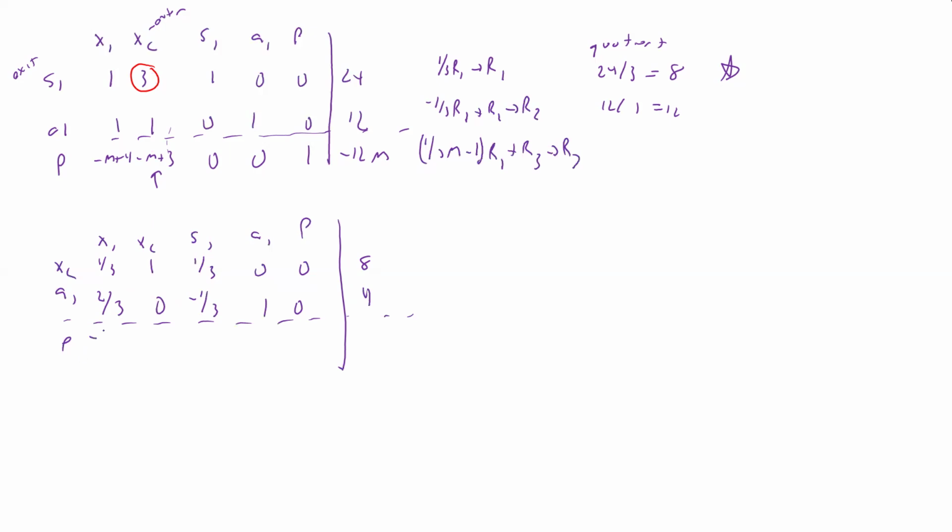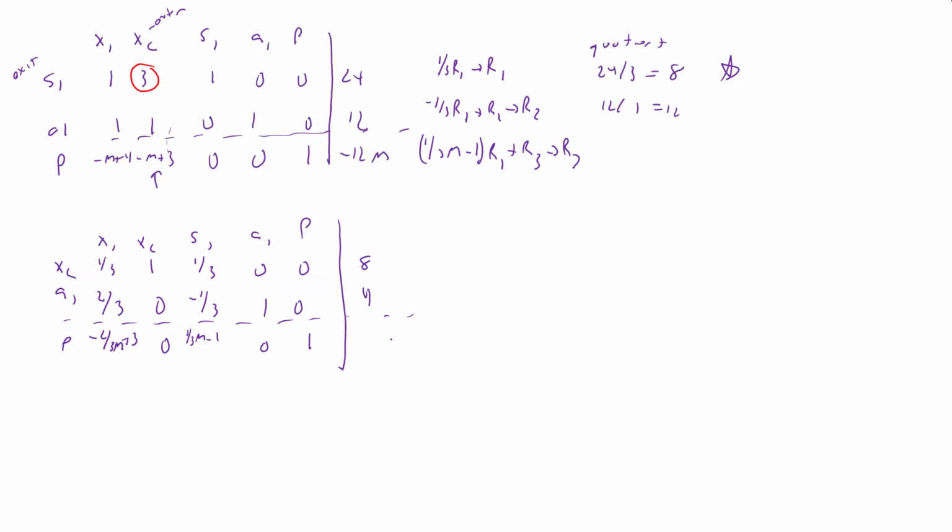Okay. And when we add that, so that's going to be a third of that minus that. So it's going to be a minus 2/3 m. And then it's going to be plus 3. And then this one's going to be 0. And this is going to be a 1/3 m minus 1. This is going to be a 0. That's going to be a 1.